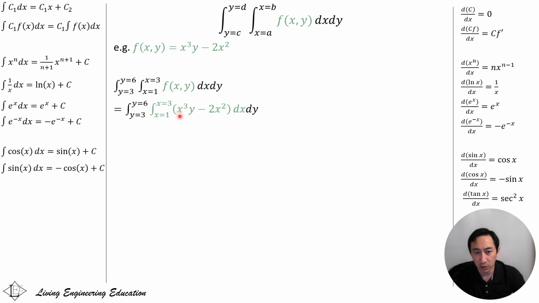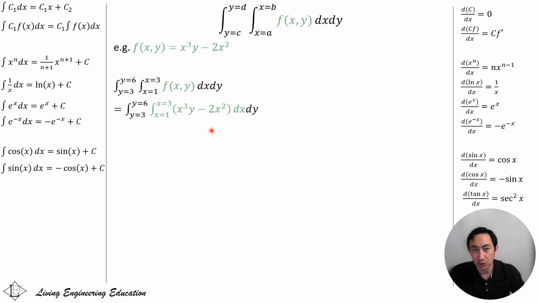So when I integrate yx cubed minus 2x squared with respect to x, well, first of all, I can separate these two terms, this x cubed y and 2x squared, using the fact that I know from a previous video that the integral of one function subtracted by another function can be separated as the integral of each one individually, subtracted, right?